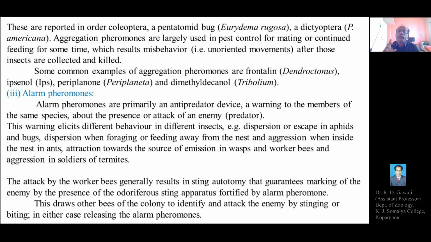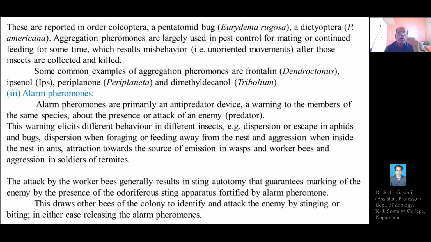So in case of worker bees, that is honey bees, when there is a problematic condition like an attack of enemies or presence of enemies around the honeybee colony, at that time the worker bees release the alarm pheromones from the odoriferous sting apparatus, releasing the alarm pheromone in or around the colony.